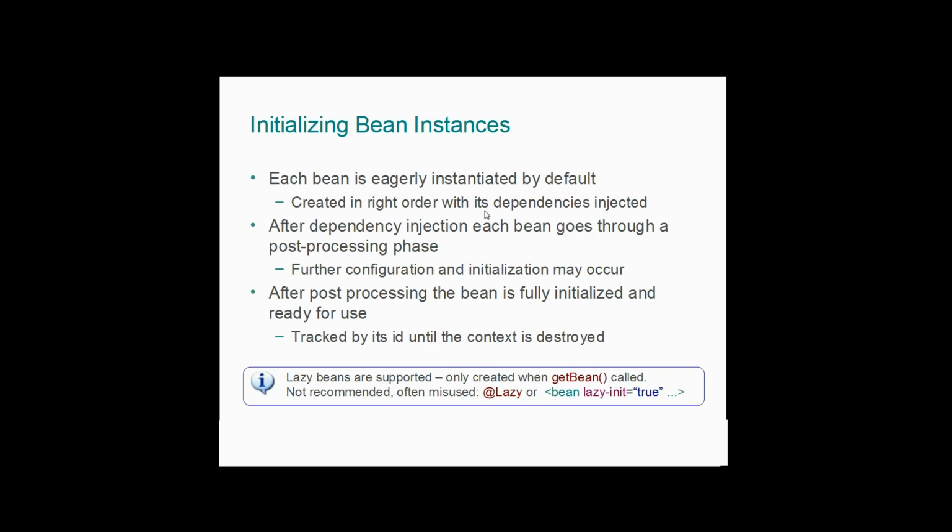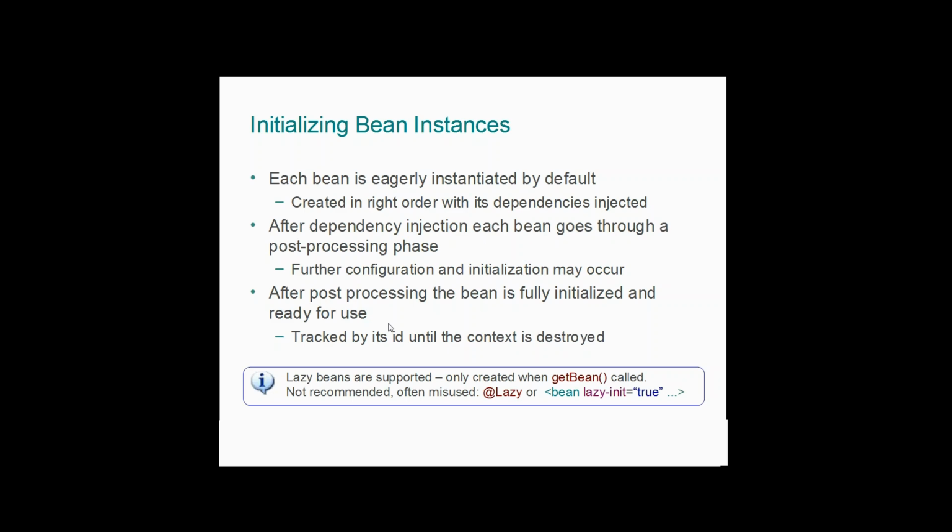All those things are taken care of behind the scenes. After dependency injection, each and every bean goes through the post processing phase, where further configuration and initialization can be done on top of the created bean. Once the object goes through the post processing phase, those beans are fully initialized and ready to use in your application.